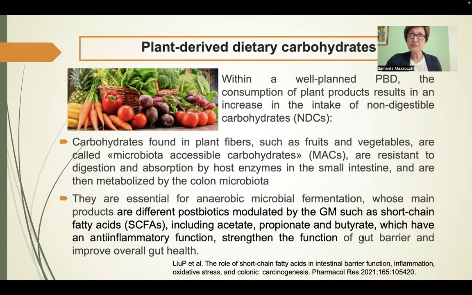They are essential for anaerobic microbial fermentation, whose main products are different postbiotics modulated by the gut microbiota, such as short-chain fatty acids, including acetate, propionate, and butyrate, which have an anti-inflammatory function, strengthen the function of the gut barrier, and improve overall gut health.